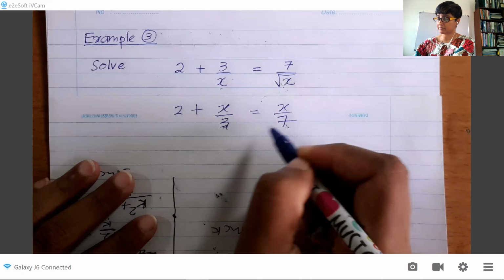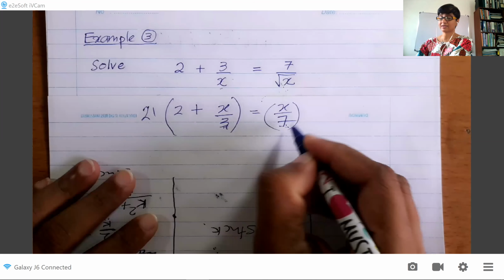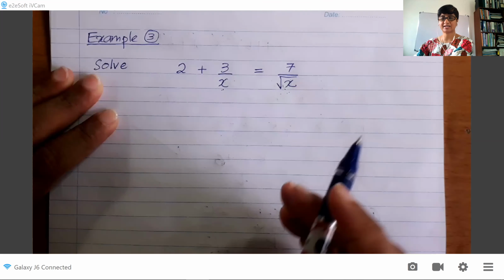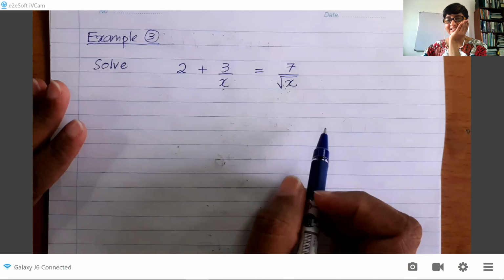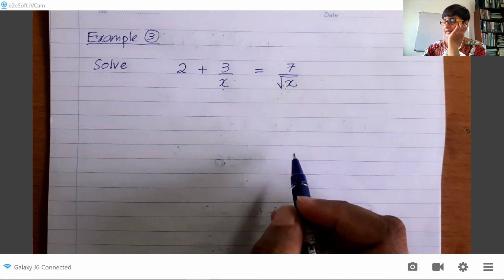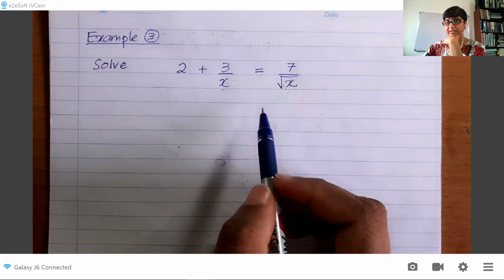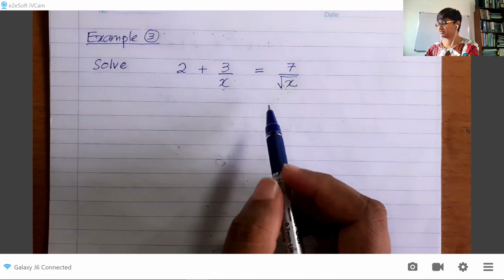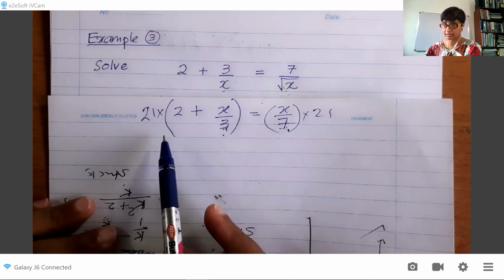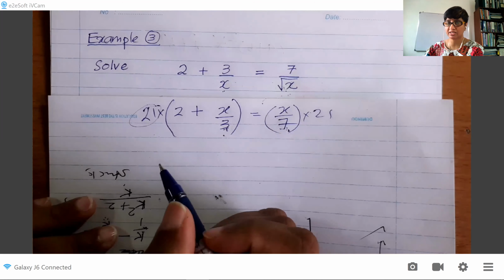If you multiply the whole 2 sides by 21, you can get rid of the 3 and 7. Same thing here, right? I have x and root x. Multiplying by x root x can work too, but there is a lower term that you can multiply by. It's like for the earlier one, if you multiply both sides by 42, that'll work too, but 21 is the simplest one, the smallest common denominator.